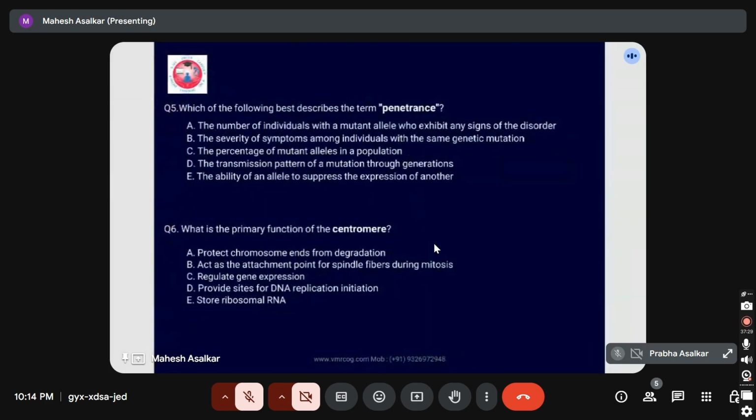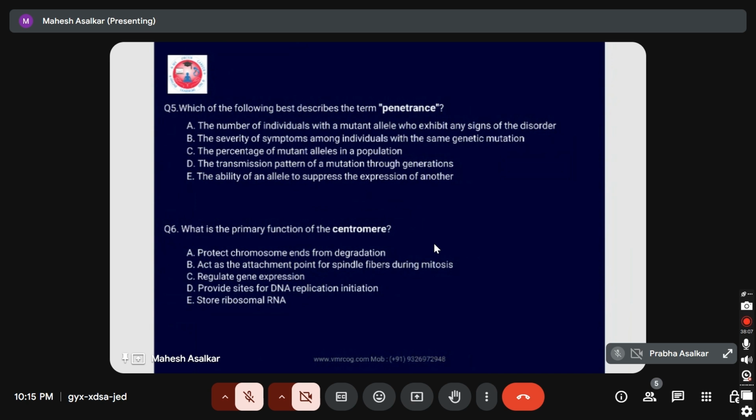Next, Dr. Sansi. Which of the following best describes the term penetrance? The number of individuals with a mutant allele who exhibit any signs of the disorder, the severity of symptoms among individuals with the same genetic mutation, the percentage of mutant alleles in a population, the transmission pattern of a mutation through generations, the ability of an allele to suppress the expression of another.